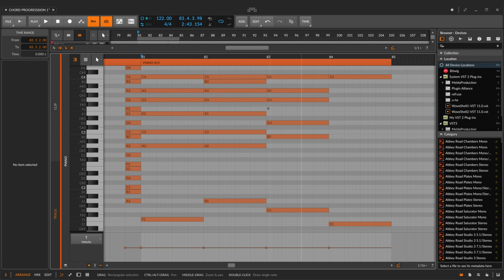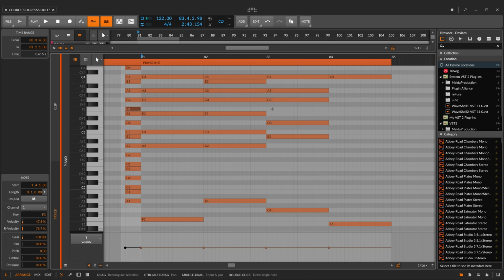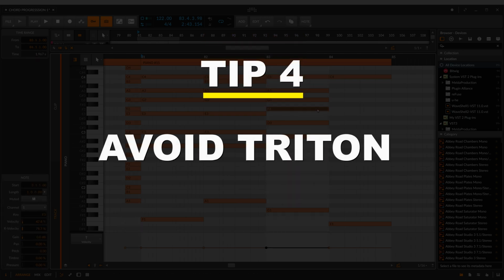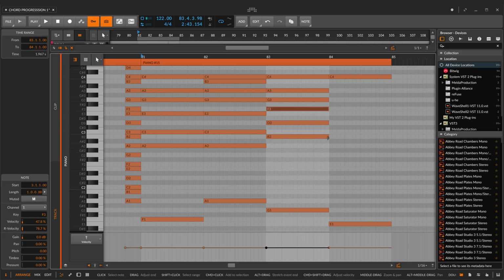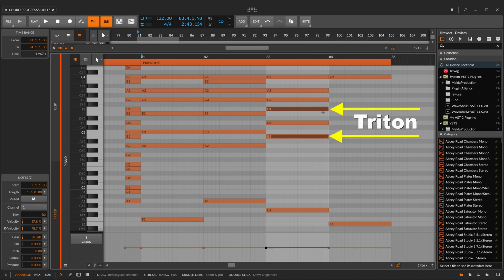Now the fourth tip, guys, it's about tritone. Avoid tritone, because when you have a tritone, you must resolve, and it's not good for contemporary music. So just avoid tritone in your chord progression.